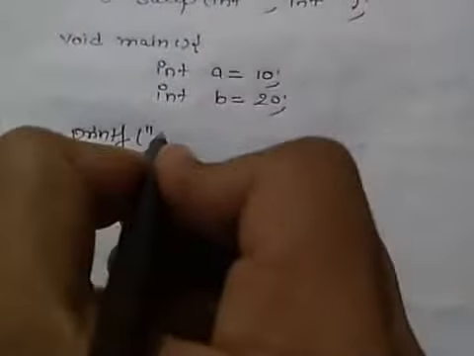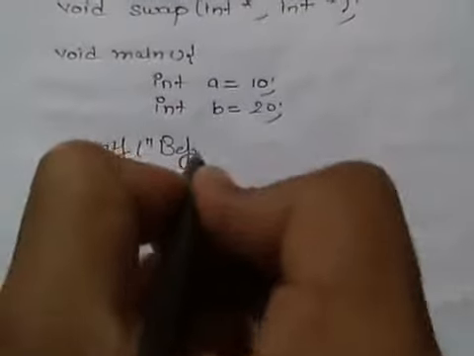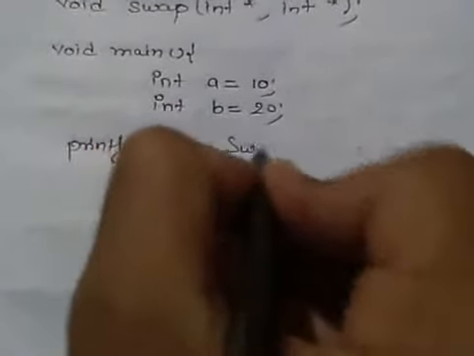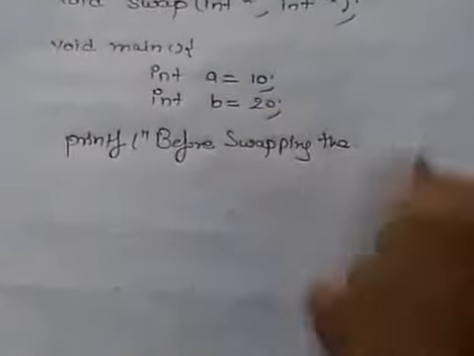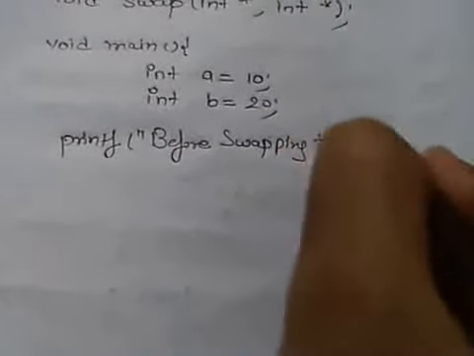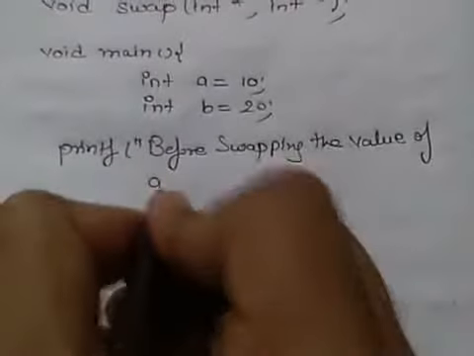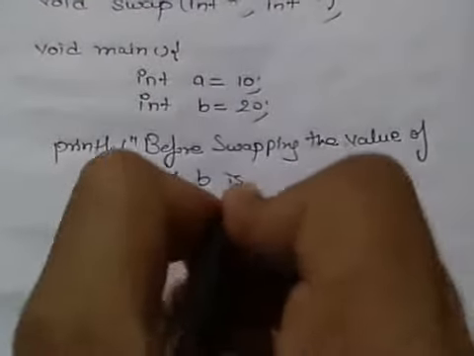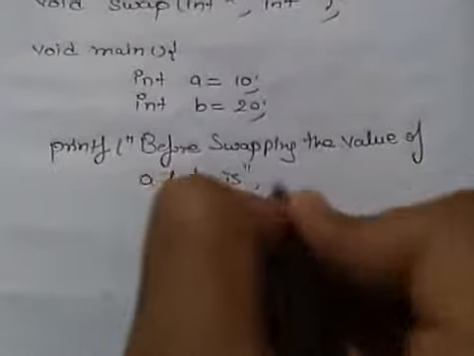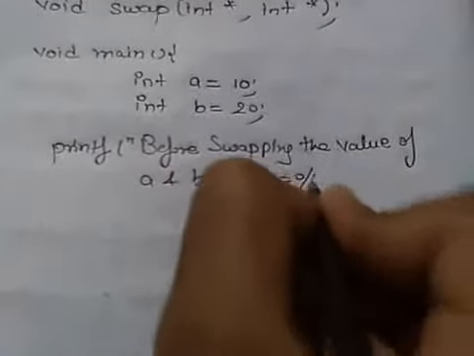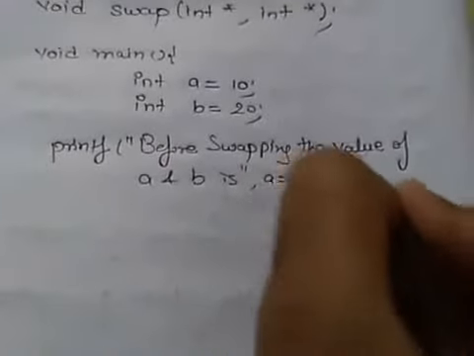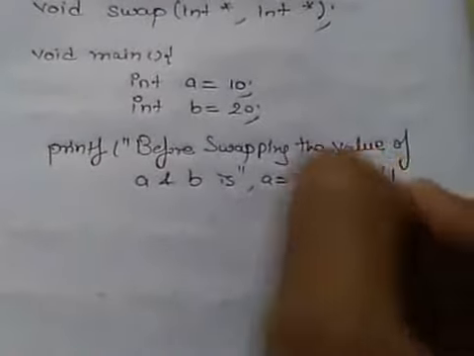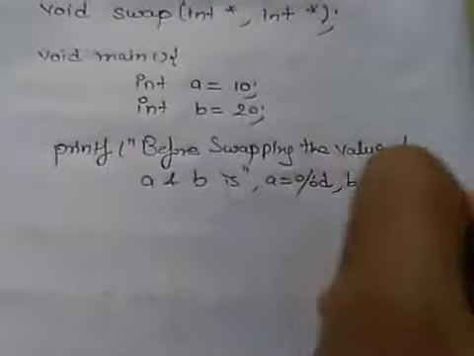Before swapping, the value of a and b is a equal to %d, b equal to %d, with a comma b.